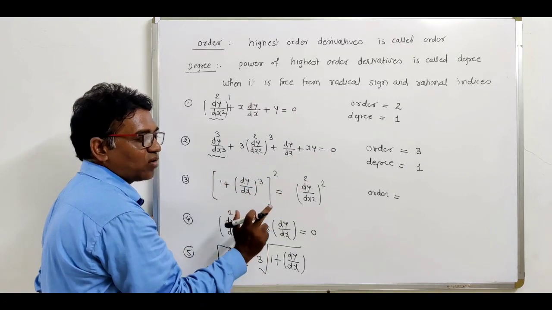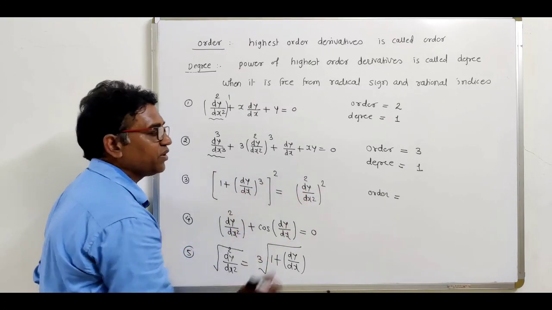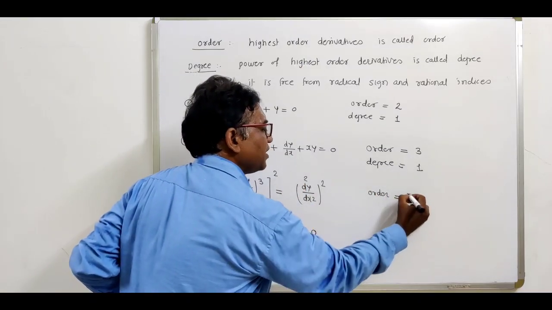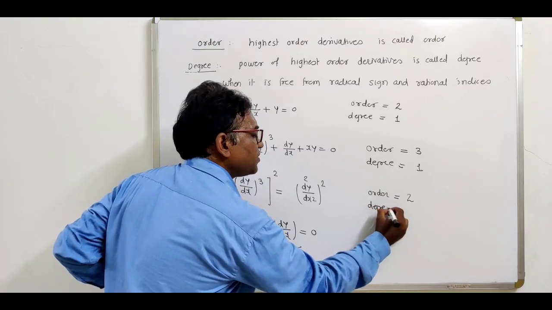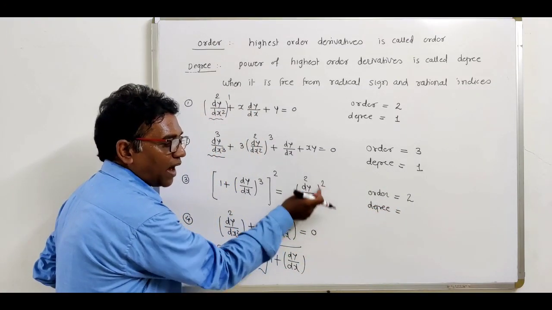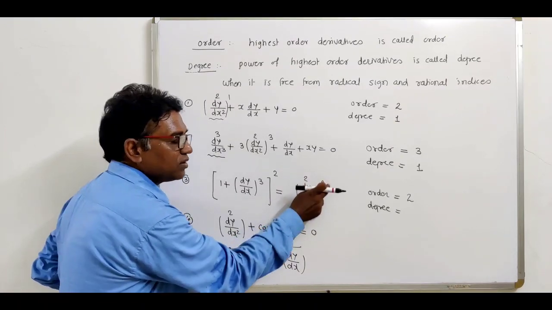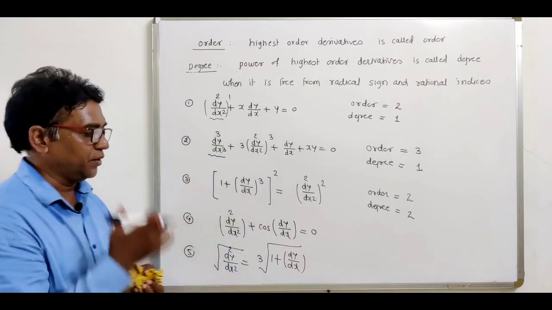So the highest order derivative is d square y by dx square, and the order of this differential equation is 2. And what is the degree? Degree means find out the power of the highest order derivative. The power is 2. So the degree of this differential equation is 2.